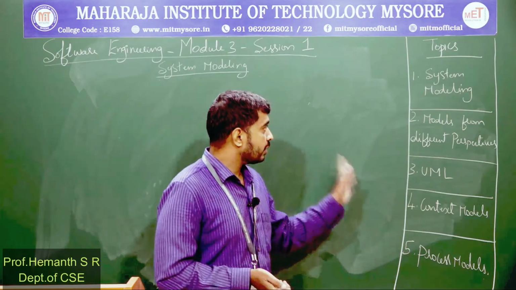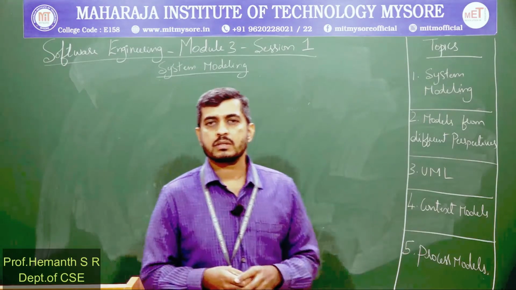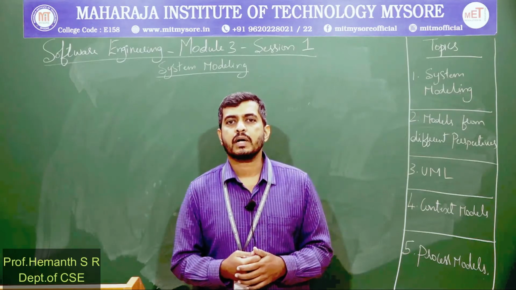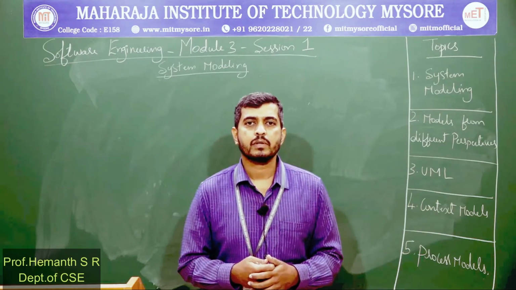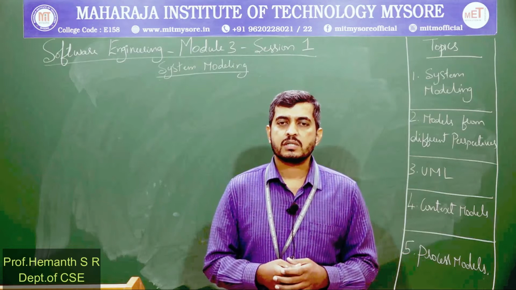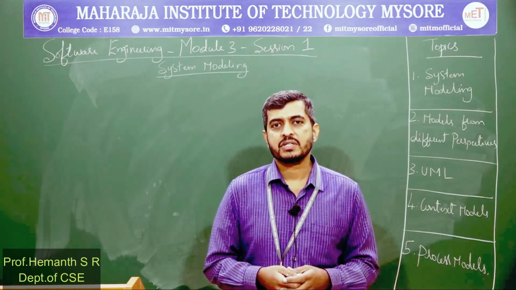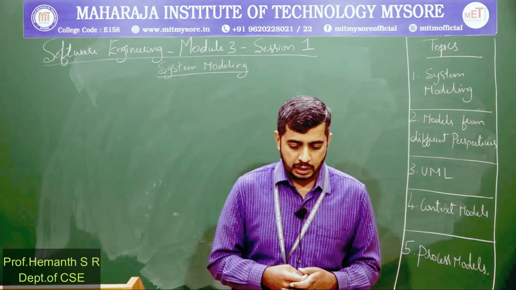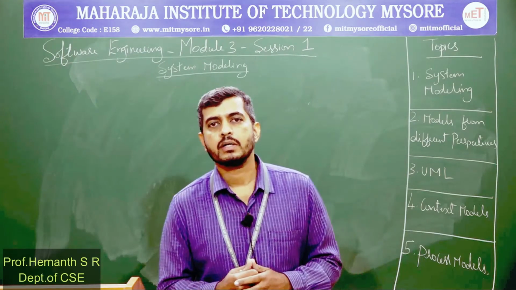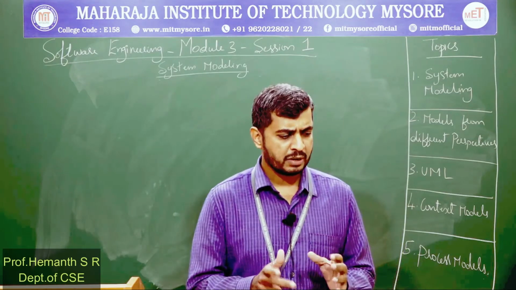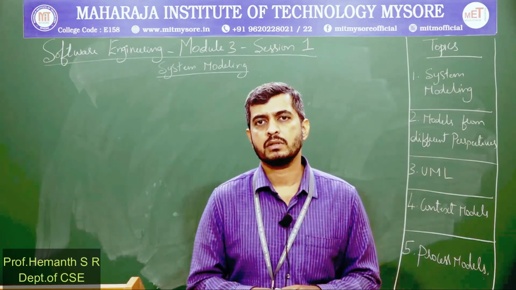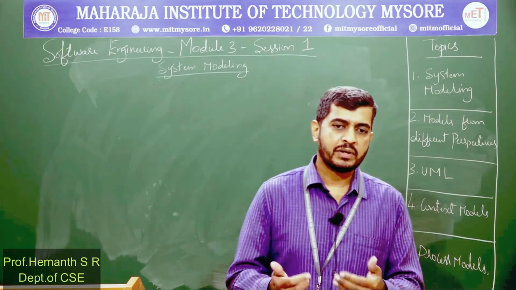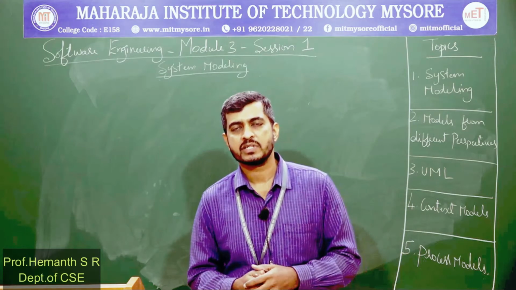Now to start with the very first topic in module 3, system modeling. A brief of it I have already explained. System models are graphical illustrations which present your design plans. Now the very first thing that comes to your mind: is it that system models have only graphical elements? Need not be. A system model can even have textual description of the graphical elements.